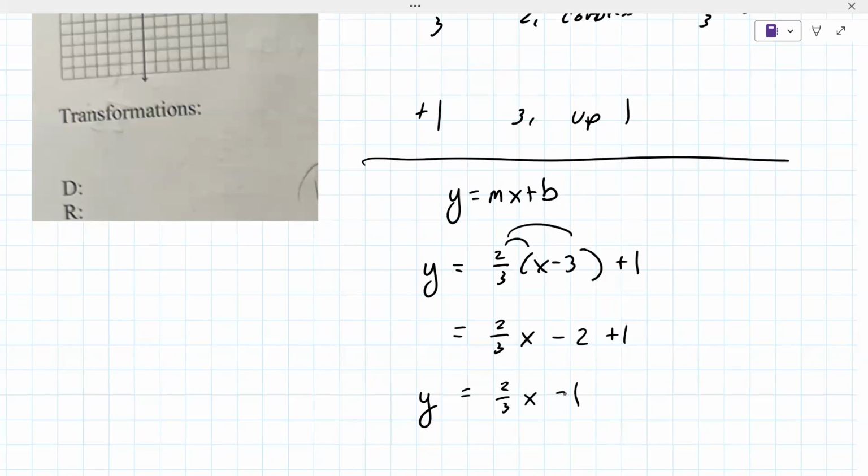Just let me know. But from here, you need the slope and the b value. So the slope is 2/3, and then -1 is the b.